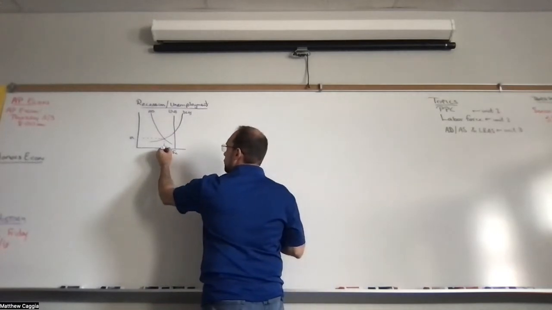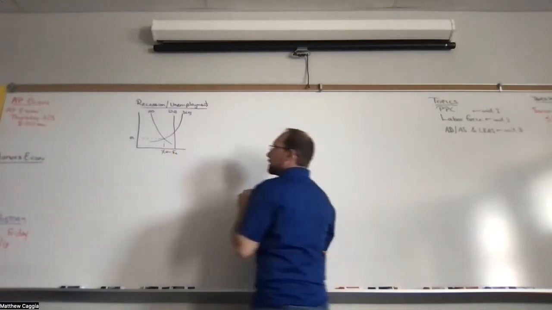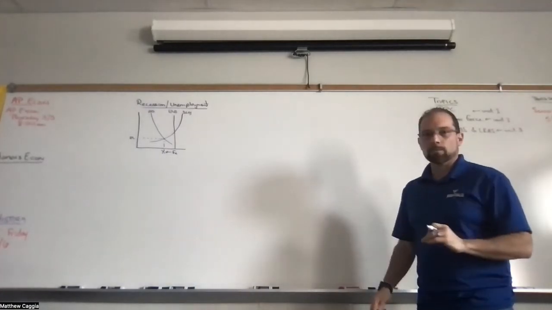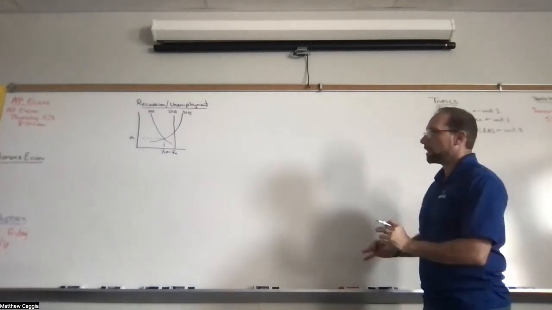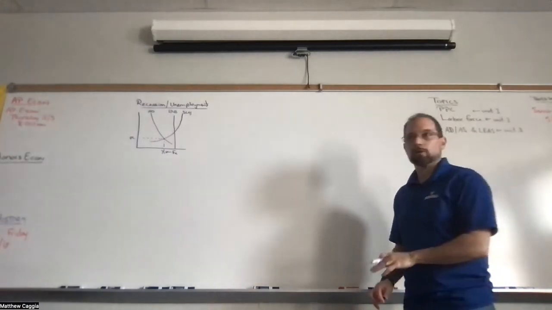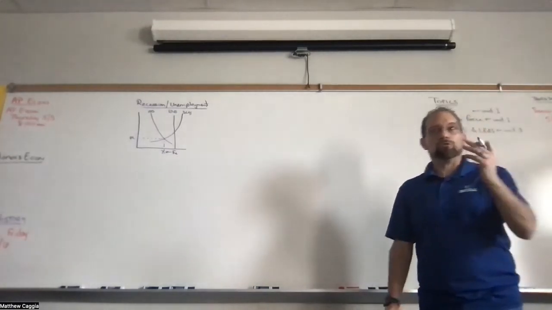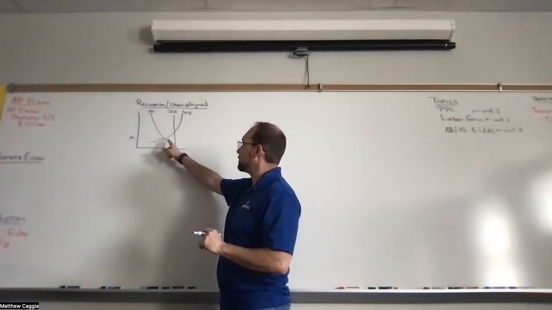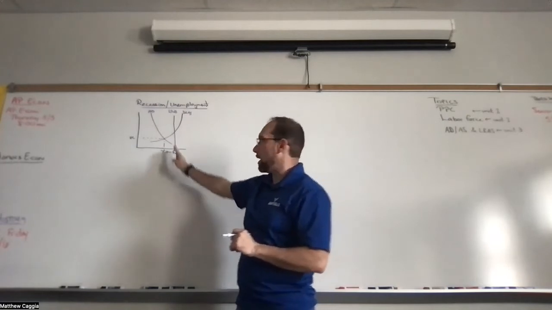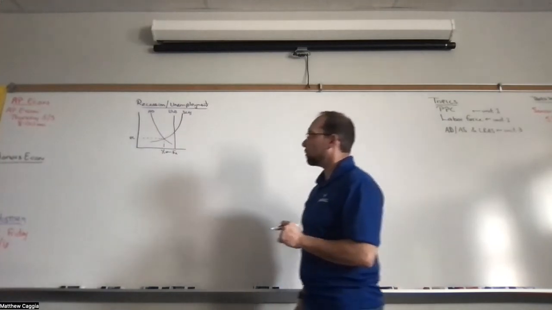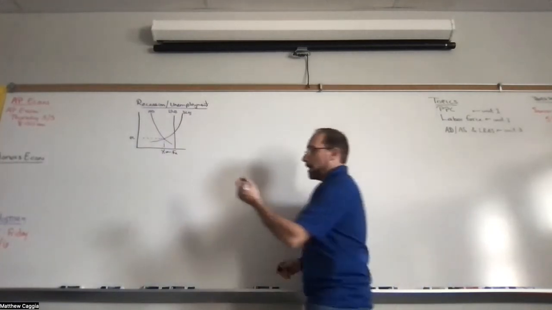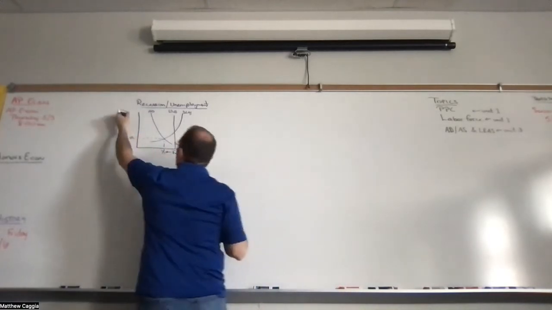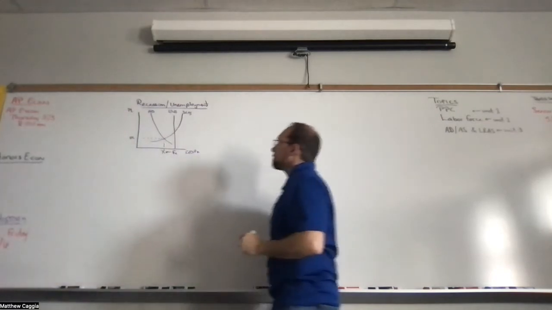We know this because the intersection of aggregate demand and aggregate supply is to the left of full employment. When they ask you to draw a recession, make sure that your intersection is to the left of long run aggregate supply, that is, to the left of full employment. And I forgot to label my axes: real GDP and price level.